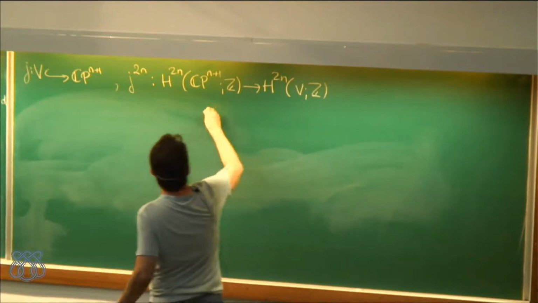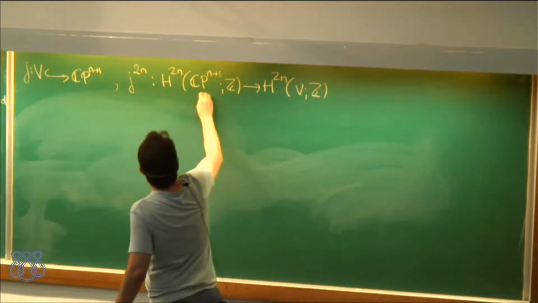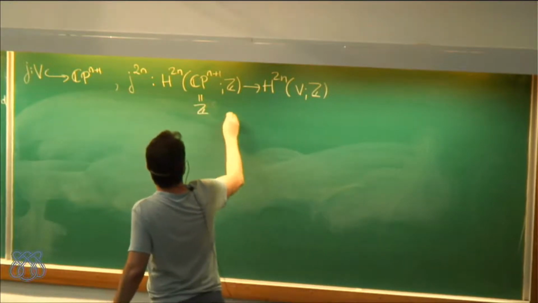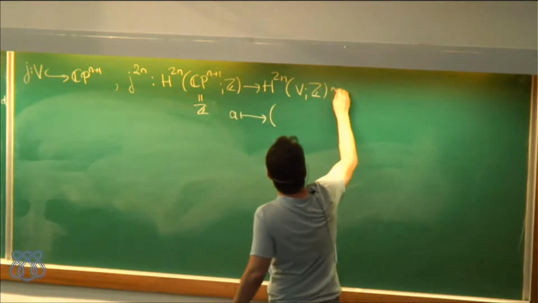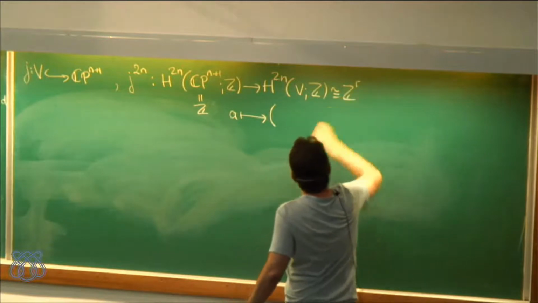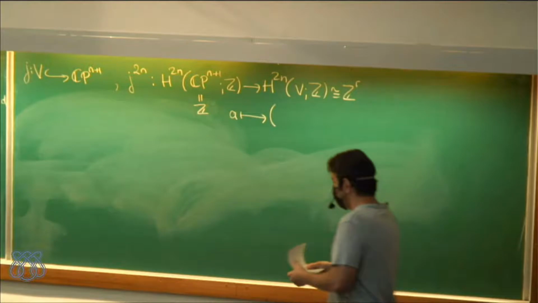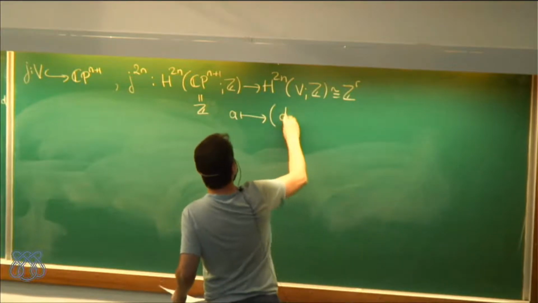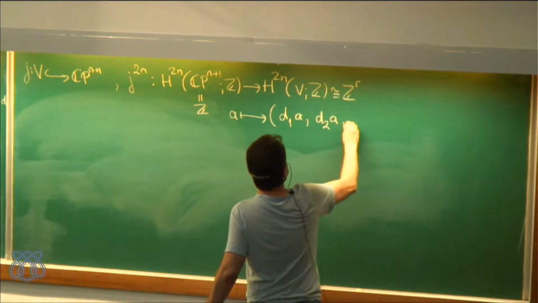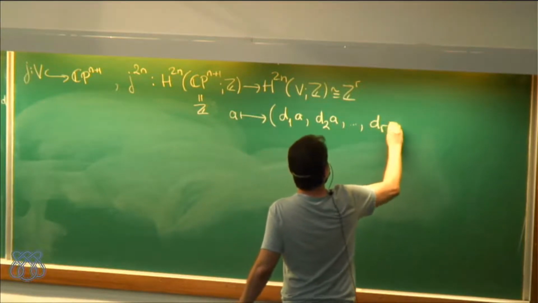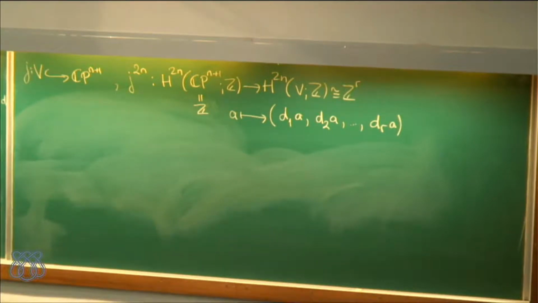Of course this is just Z, right? So take an integer a, and what this maps to is, now this is Z^R, well, I should get R integers there. So what are they? Well, d_1 times a, d_2 times a, and so on, where the d_i's are just the degrees of the irreducible components of V.